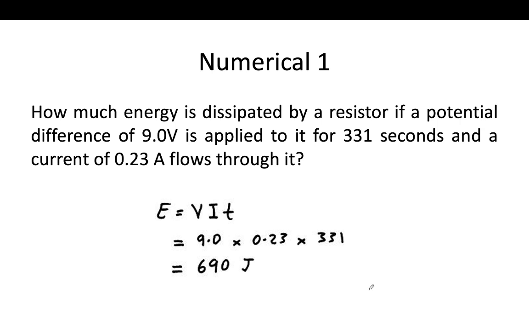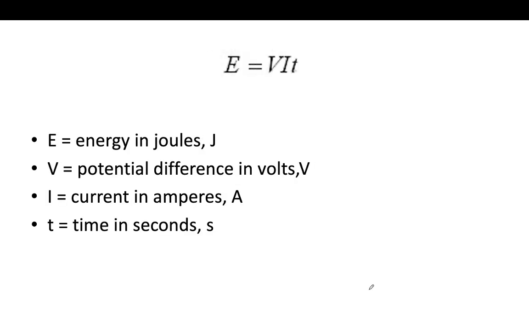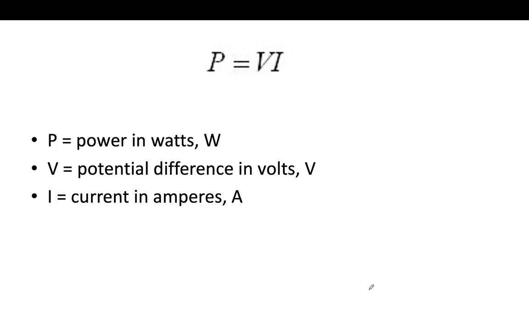So what it's asking for is how much energy is dissipated. From this it's clear that we have to find the energy, and for energy this is the formula we'll be using, E is equal to VIT.